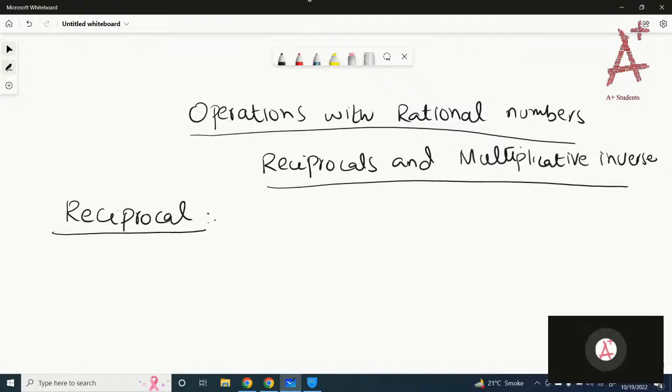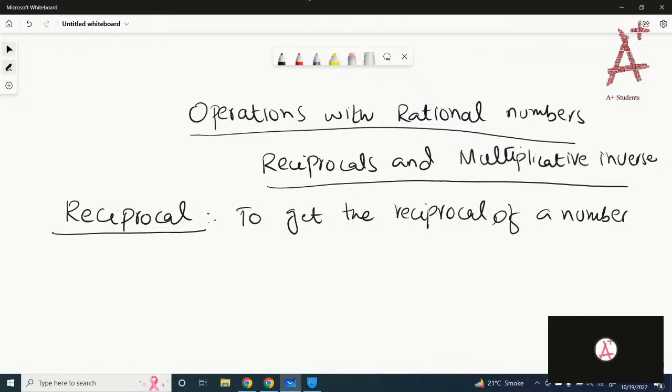You can note down the definition of the reciprocal. To get the reciprocal of a number, we divide 1 by the number.